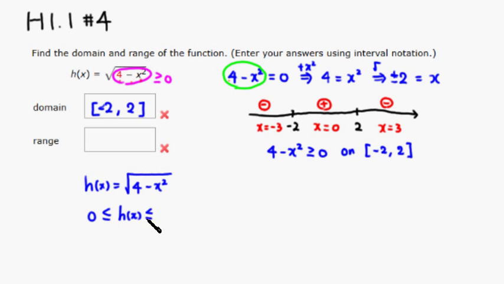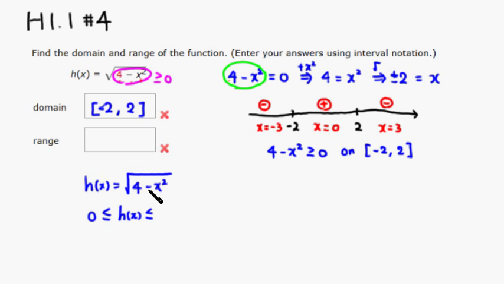Then think about what the largest possible value would be. We are subtracting x squared, and x squared is always non-negative. So for the biggest value, we want what we subtract from 4 to be as small as possible, which in this case is 0.